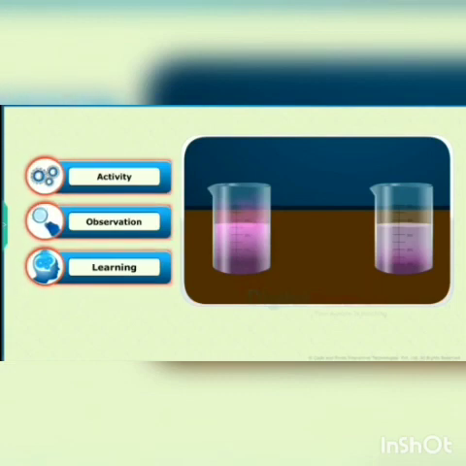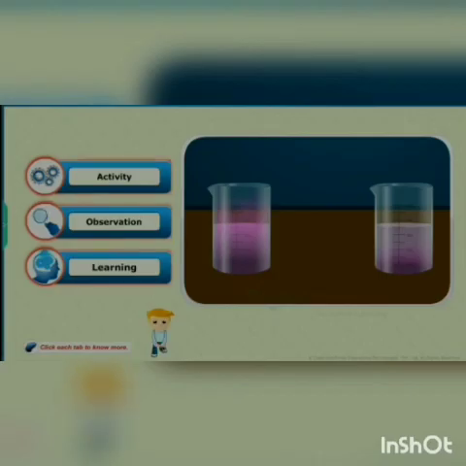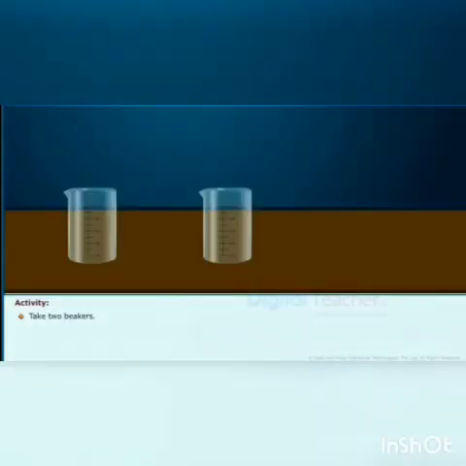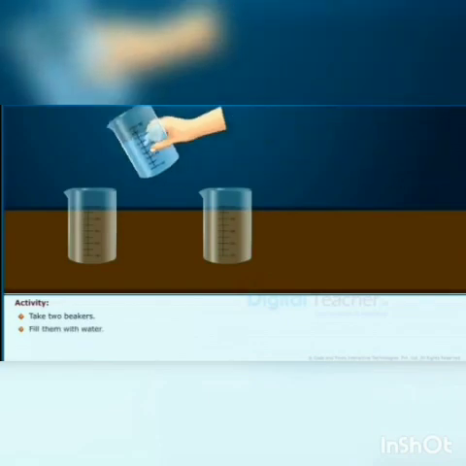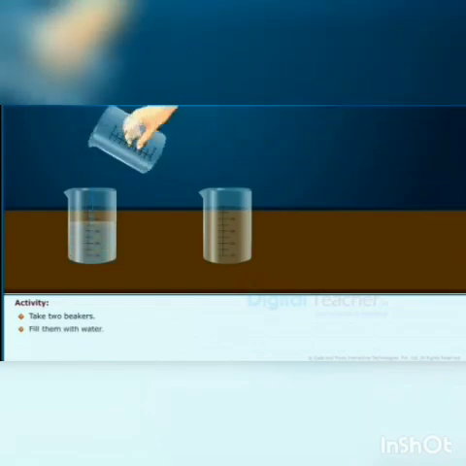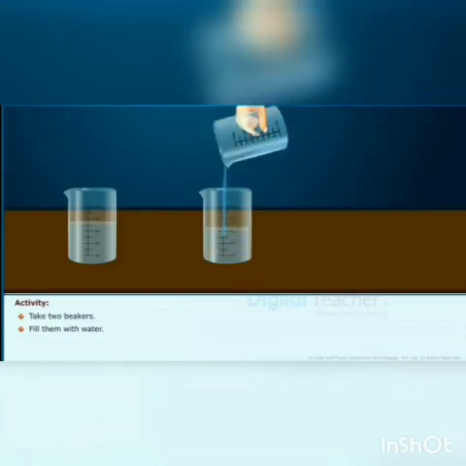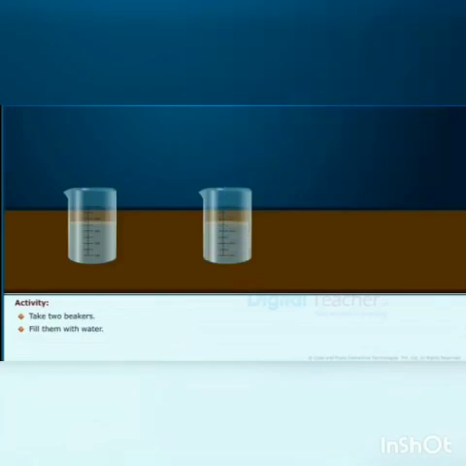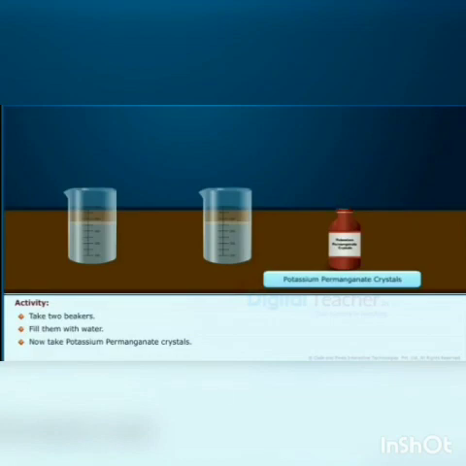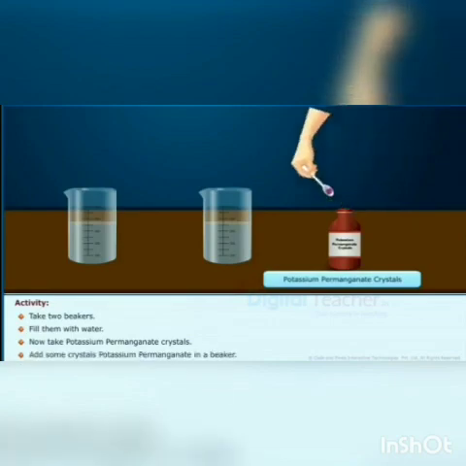Let's observe the diffusion of liquids with an activity. Take two beakers, fill them with water. Now take potassium permanganate crystals.